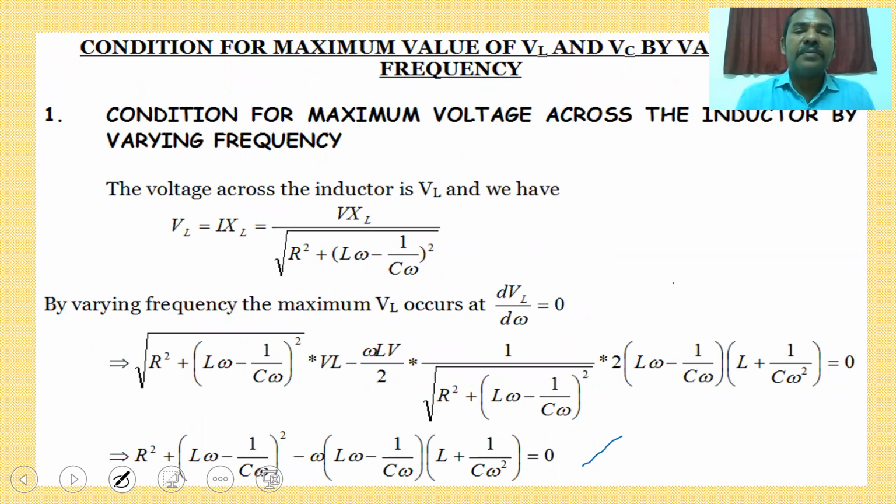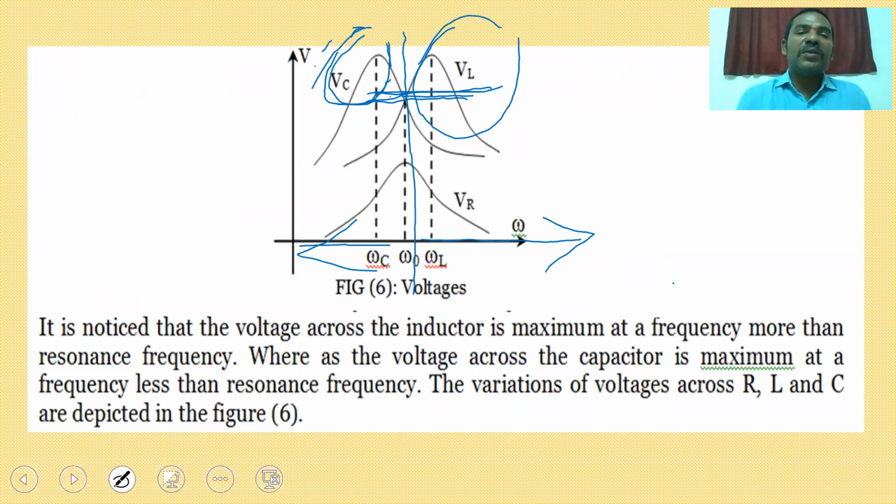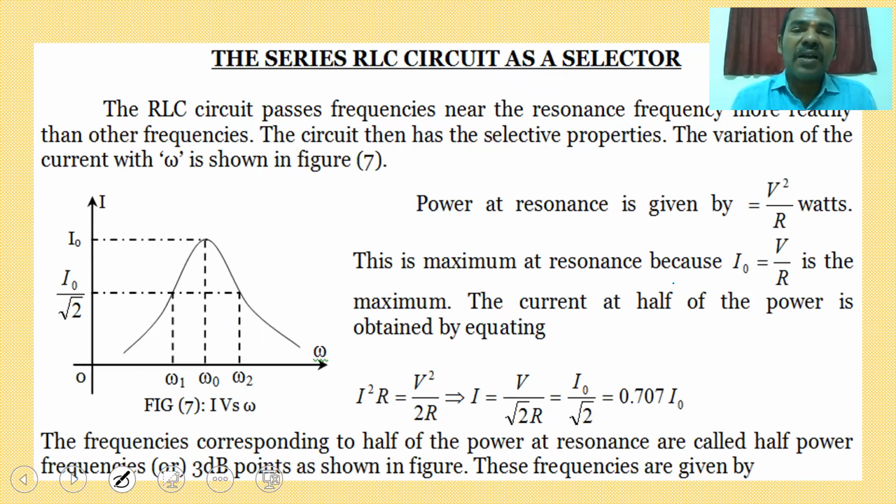Are you understanding? Then coming to the series RLC circuit as a selector. Why you are calling it a selector means you can go for the frequency calculations with respect to the bandwidth of the waveform.